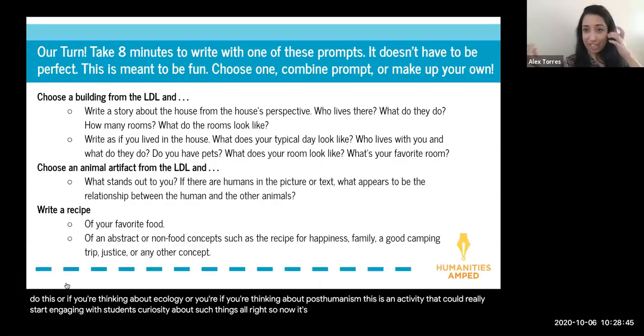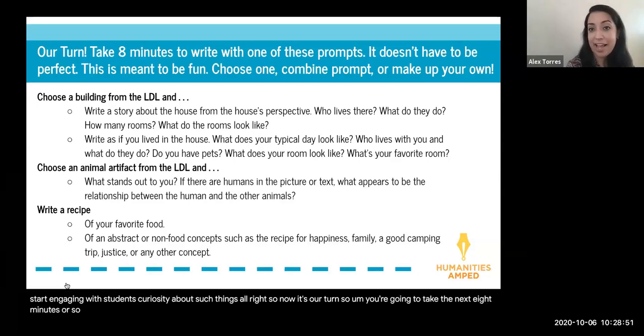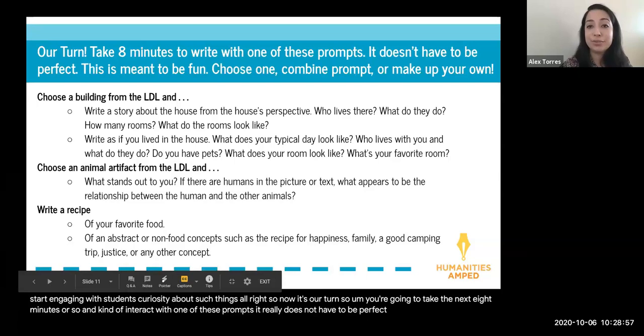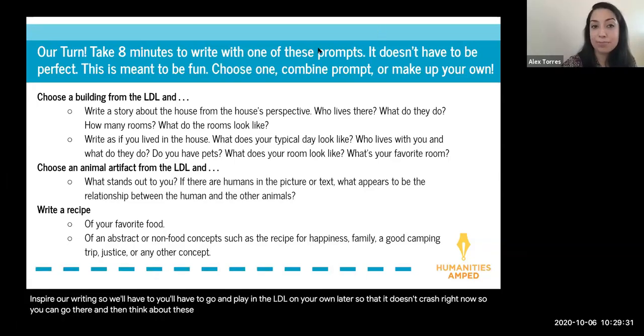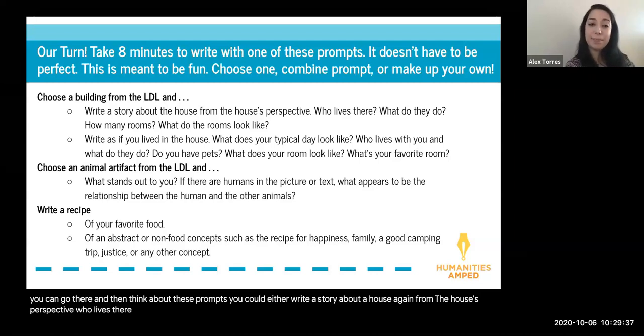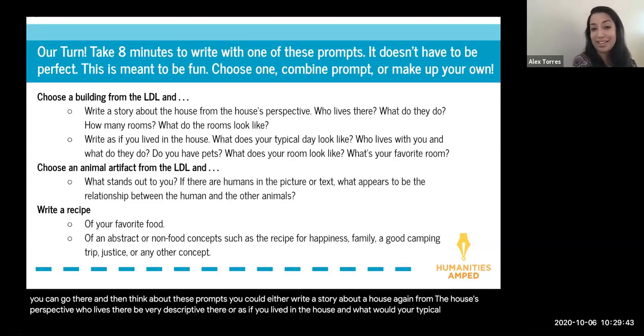Now it's our turn. So you're going to take the next 8 minutes or so and interact with one of these prompts. It really does not have to be perfect. You can choose one, you can combine them, you can write about whatever you want. You could either write a story about a house, from the house's perspective, who lives there, be very descriptive there, or as if you lived in the house and what would your typical day look like.